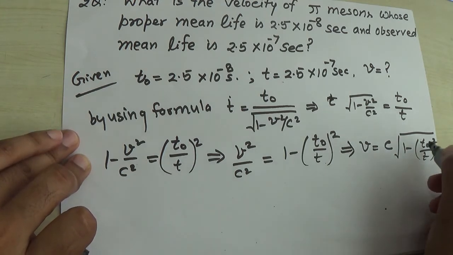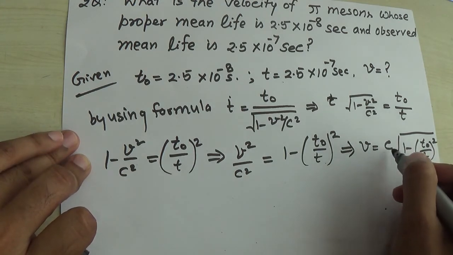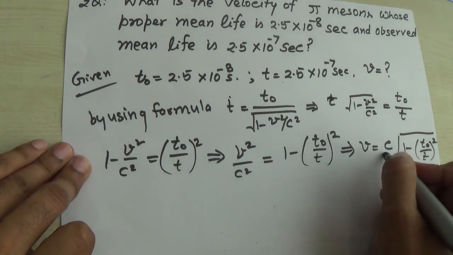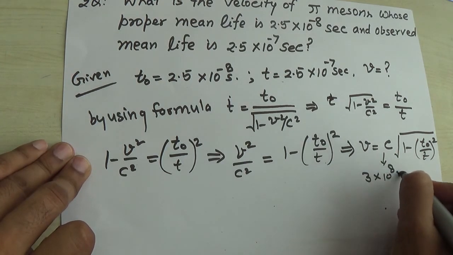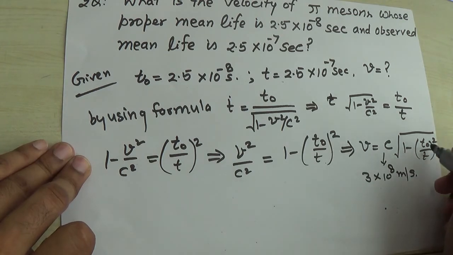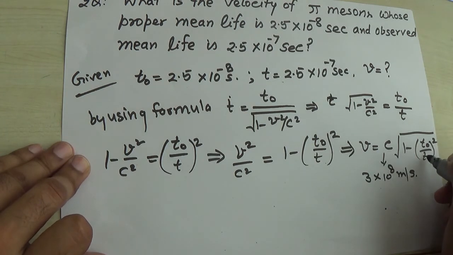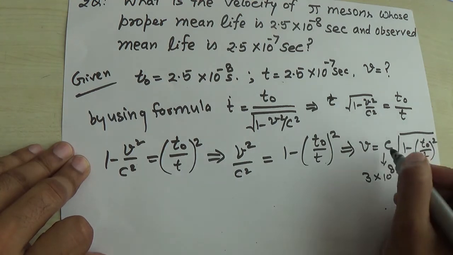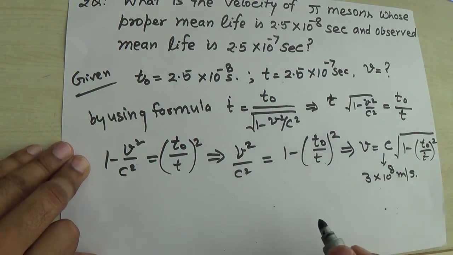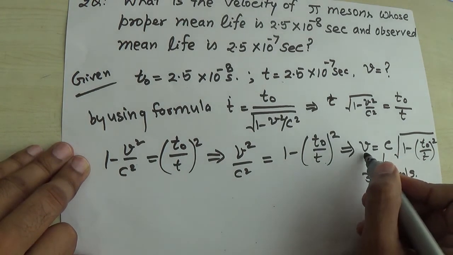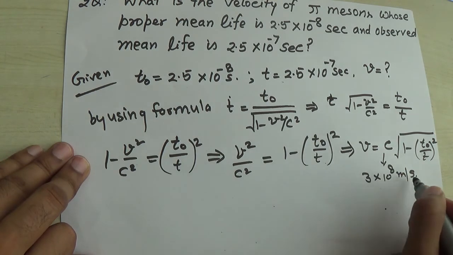So I have to put the value of t naught and t and c, where c is the speed of light, and the value of that is 3 into 10 raised power 8 meter per second. And here when I put the value of t naught in second, and the value of t in second, they cancel out, so there is no unit with this factor. Unit will come with this factor, that is c, 3 into 10 raised power 8 meter per second. So I have to find out obviously v, so that will be in terms of meter per second.